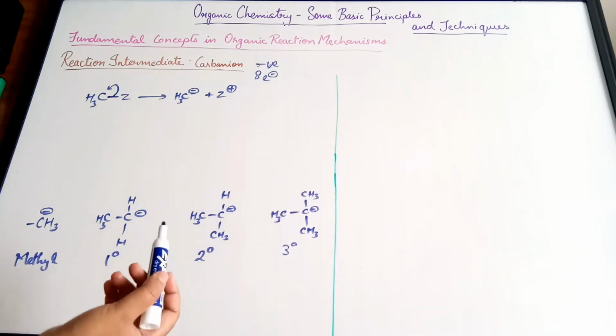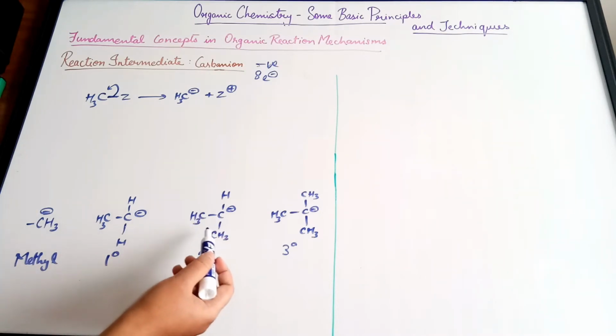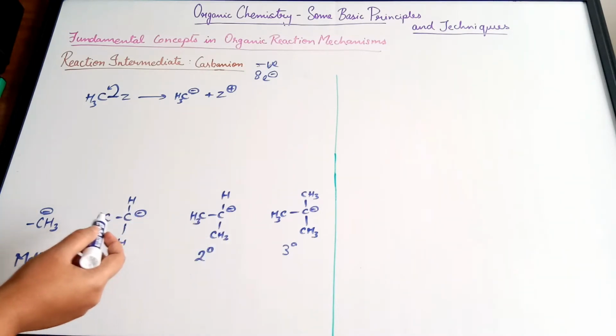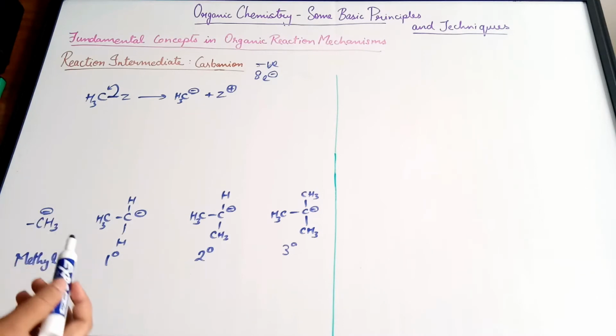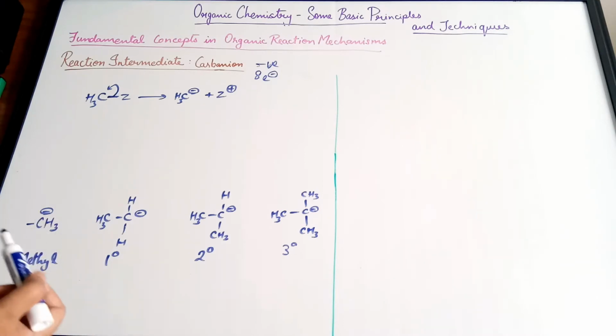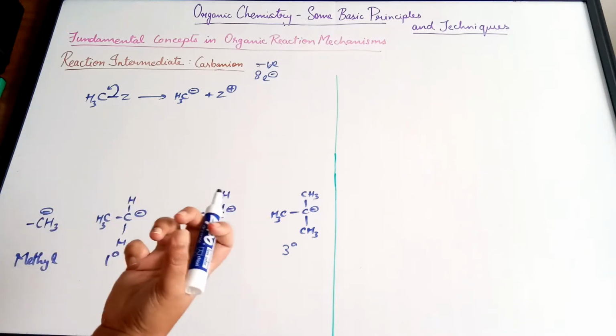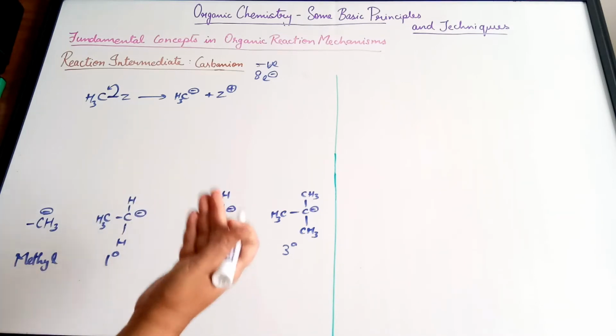Whereas in the case of secondary you have only 2, and in the case of primary you have just 1. So the positive I effect of the alkyl groups is making sure that the electrons are again going to destabilize the already negatively charged carbon of the carbanion.